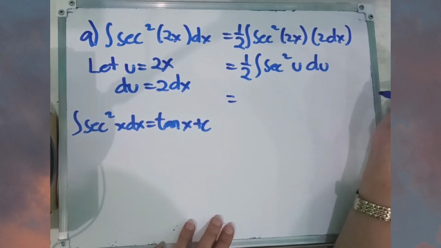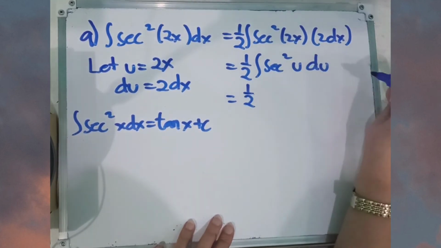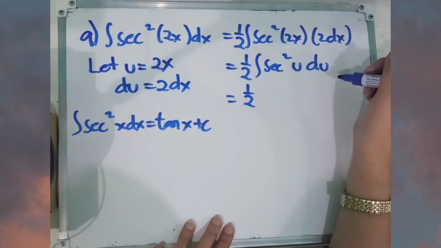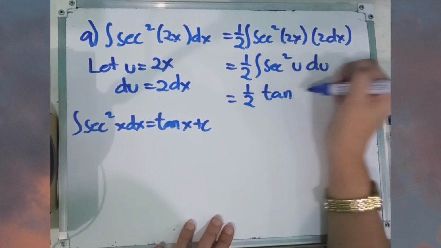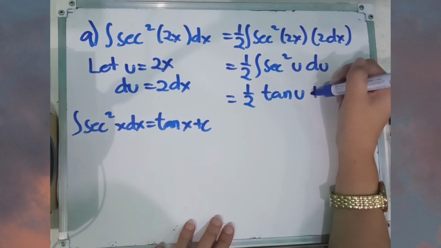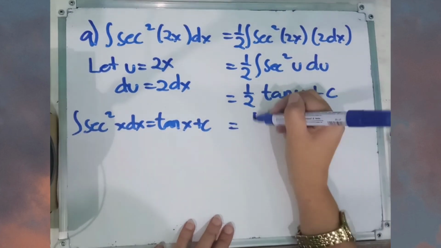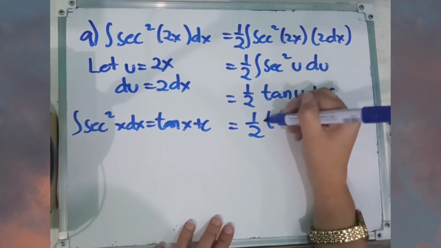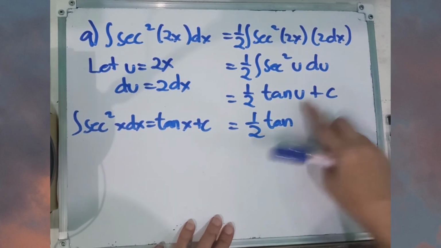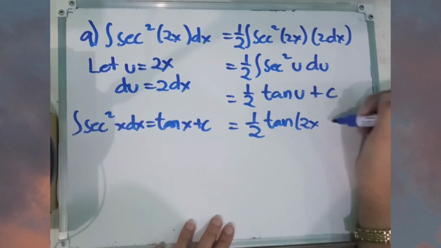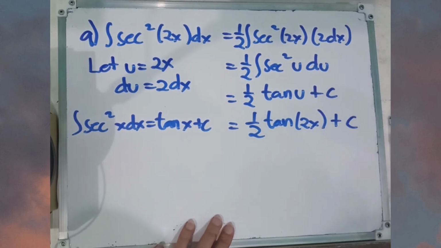Applying the rule, that's 1/2 secant squared u du, which is simply tangent u plus c. Therefore, we have tangent u, where u is simply 2x, plus c.